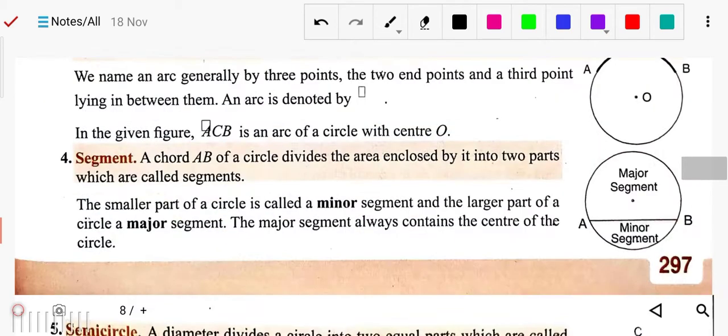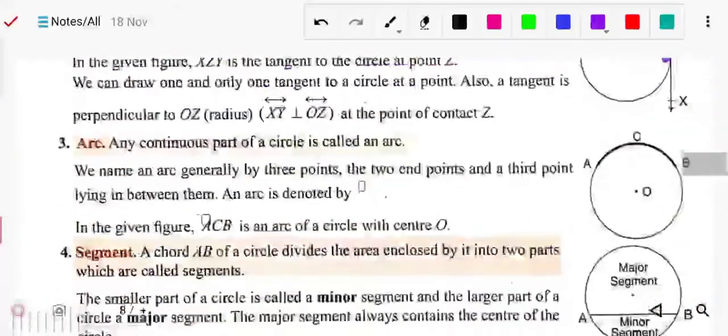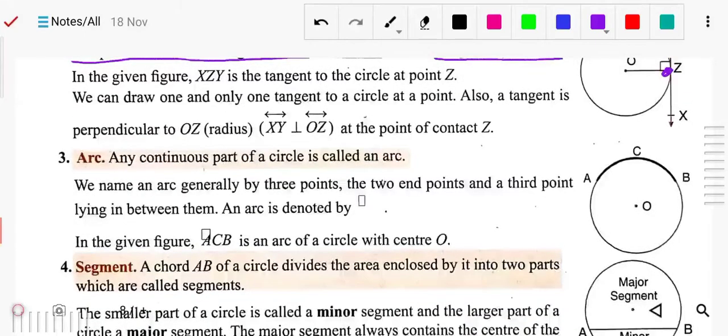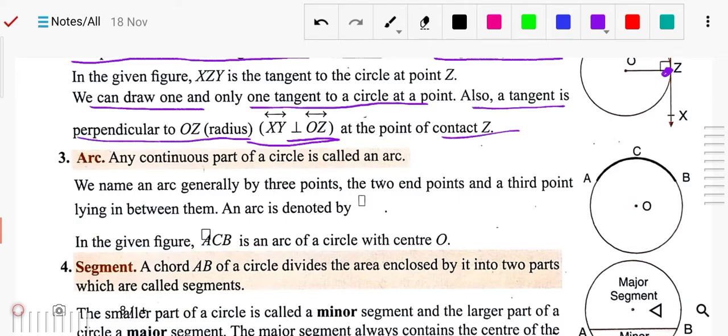Next you can see here it is perpendicular. When we draw any tangent on a circle, the tangent is perpendicular to the radius, as I told. Next we have the arc. Any continuous part of a circle is called an arc.